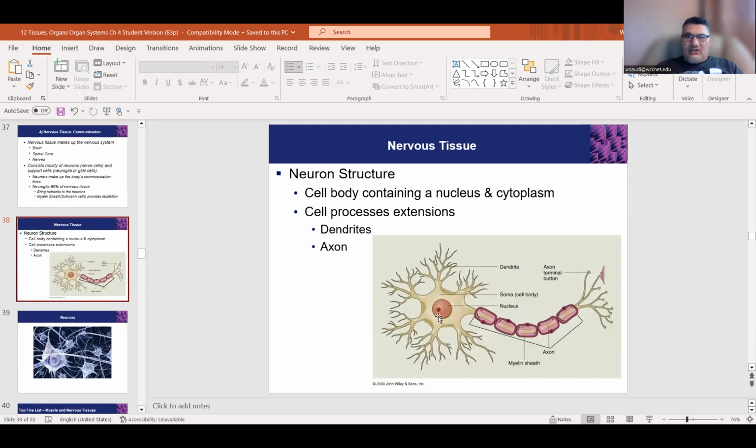I'm not going into the details. This is more advanced, but I just want you to know that every neuron, or most of them, consist of a body, multiple small branches from the body, which we call dendrites, and a long extension that's called axon.